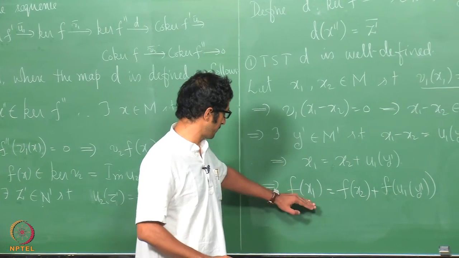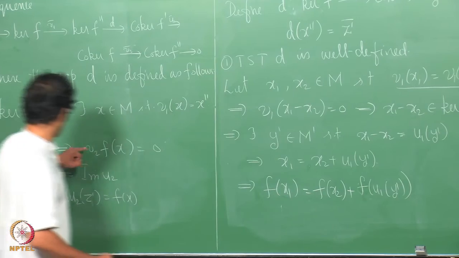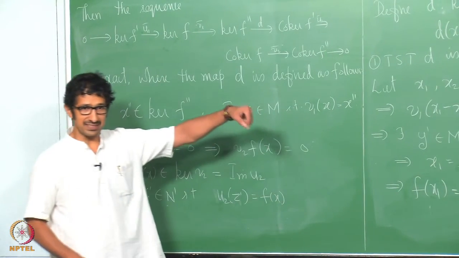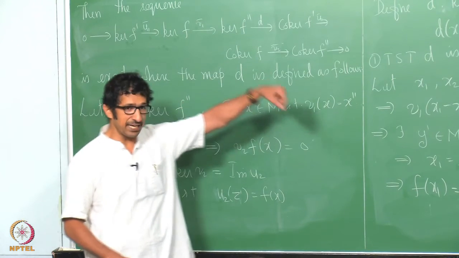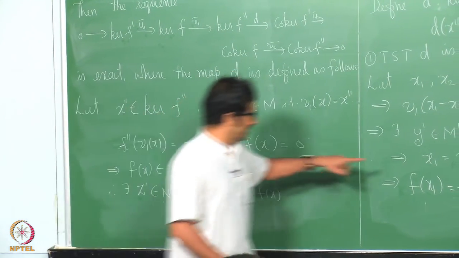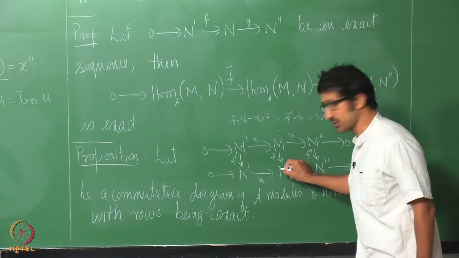Sorry, what we want to show is, how did we arrive at this? See, f of x1 is the pre-image of x double prime. Okay. x1 is here, f of x1 is here.